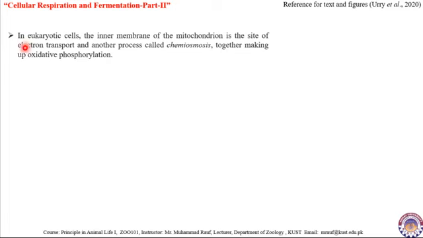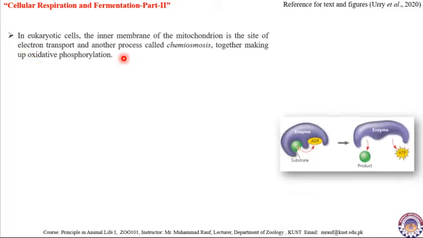So in eukaryotic cells, the inner membrane of the mitochondria is the site of electron transport chain and another process called chemiosmosis, together making up oxidative phosphorylation.